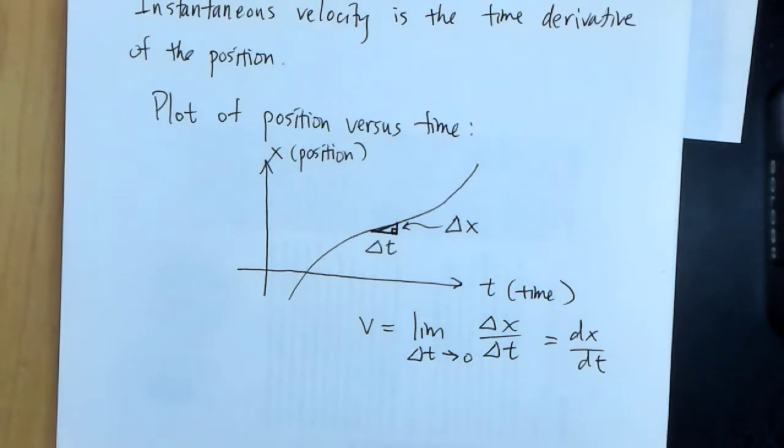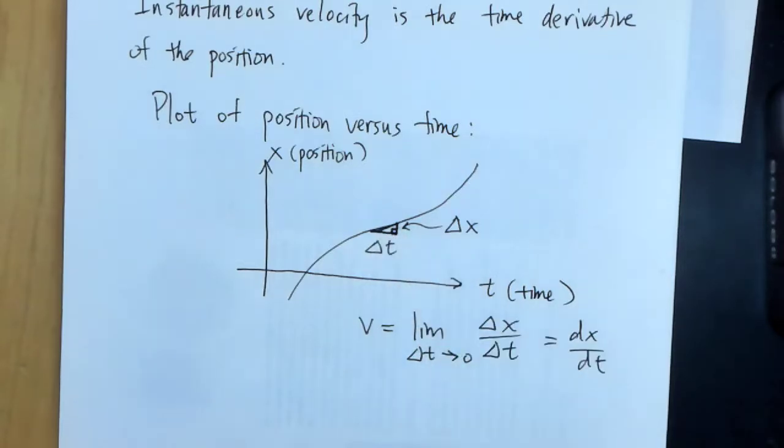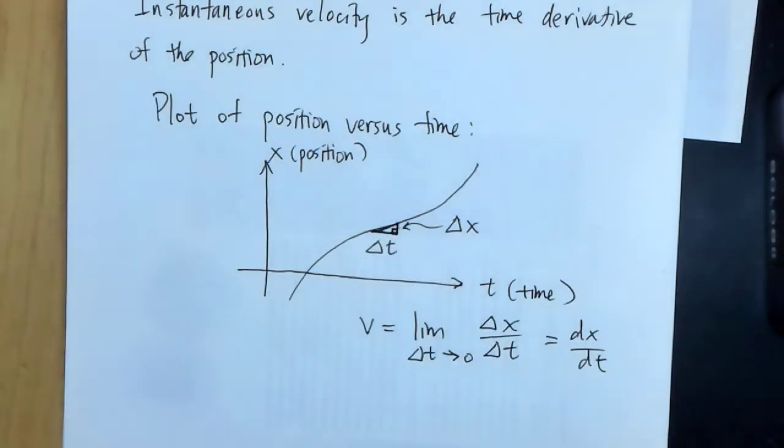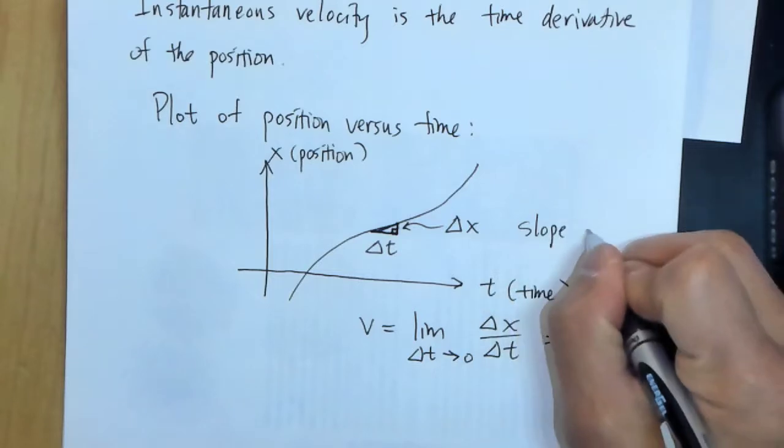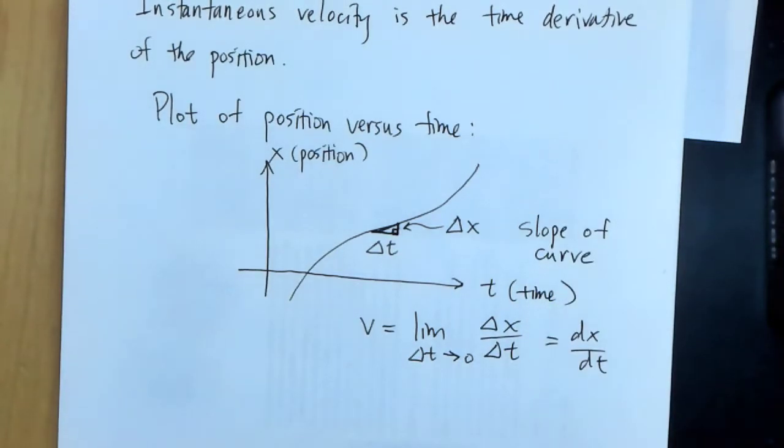And so that is giving me the rise over the run. Rise is how high it goes up divided by how far it runs horizontally. That's the slope of the curve. But that's something you should remember from calculus class, right? The slope of the curve is the same thing as the derivative of the function. Everybody remember that? Okay. Any questions about this? Yes, questions.